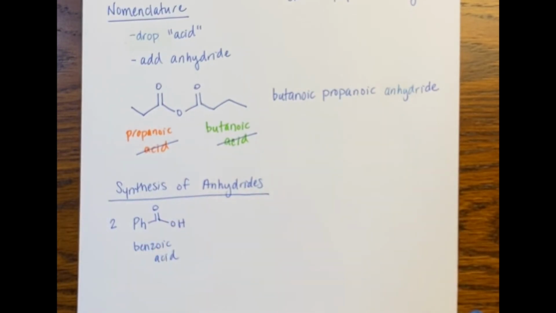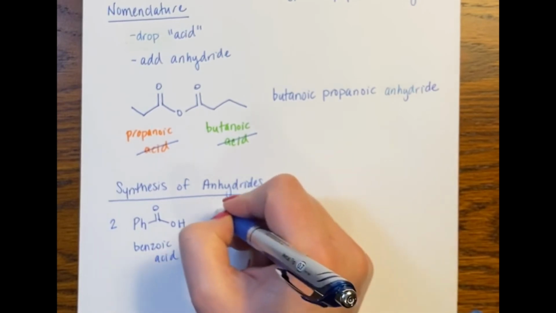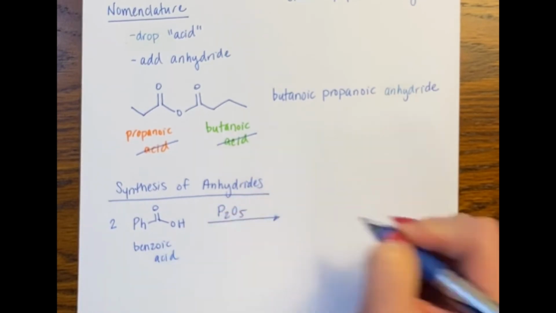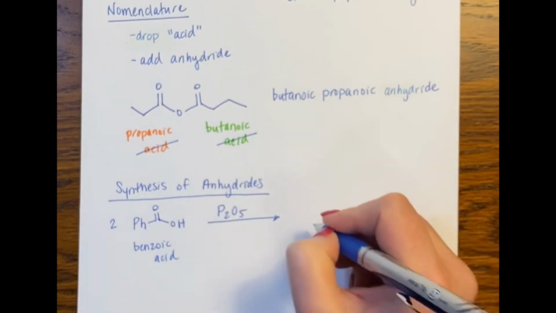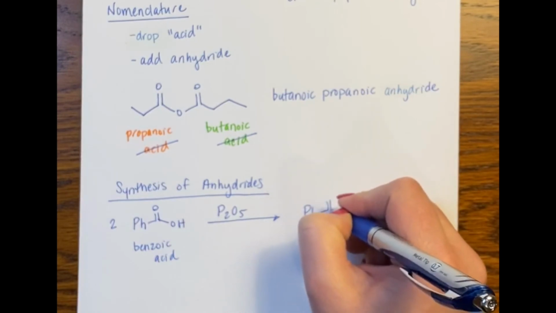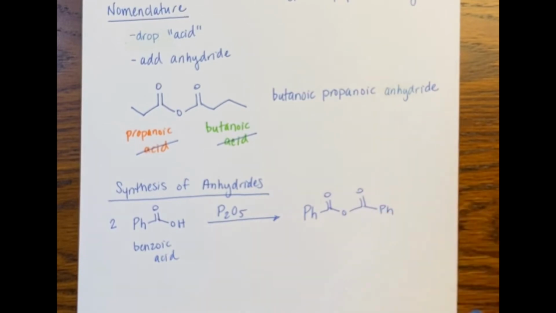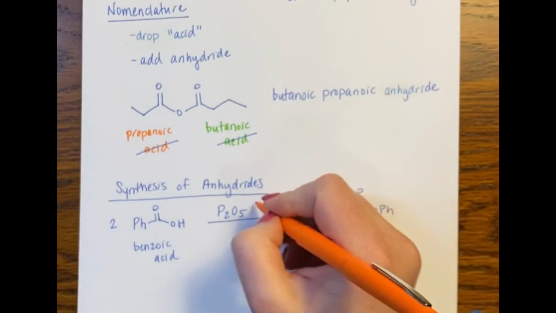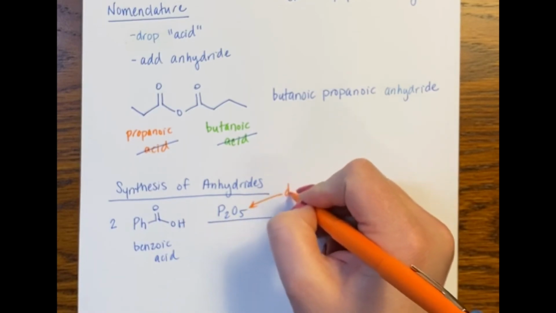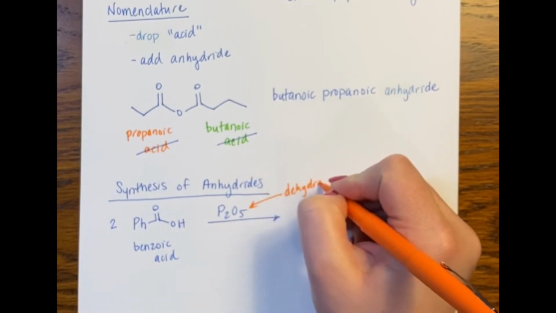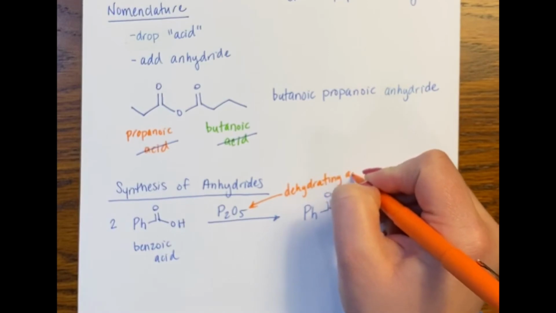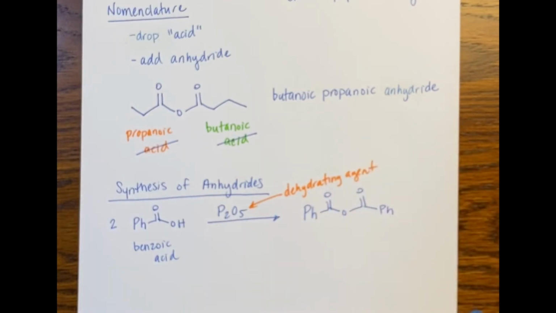If I take 2 equivalents of benzoic acid and I treat it with P2O5, the product that I'm going to get out of that reaction is my symmetrical anhydride. Now, P2O5 is a common dehydrating agent, so what we're also going to get out of this reaction is a molecule of water.